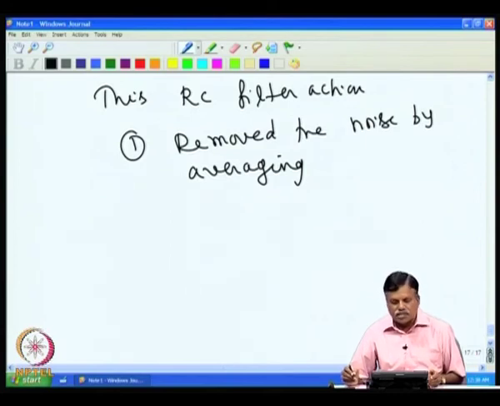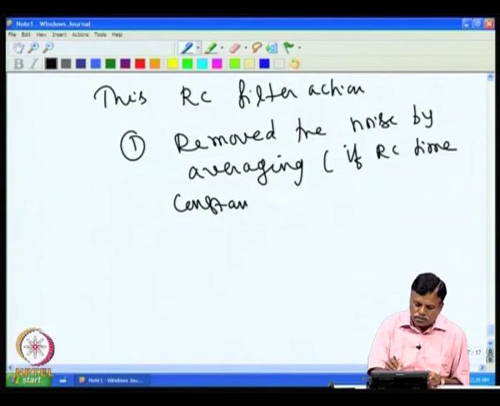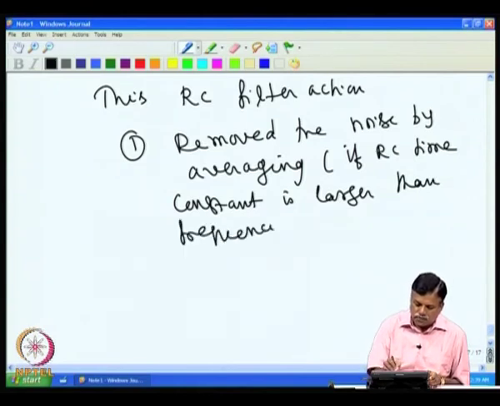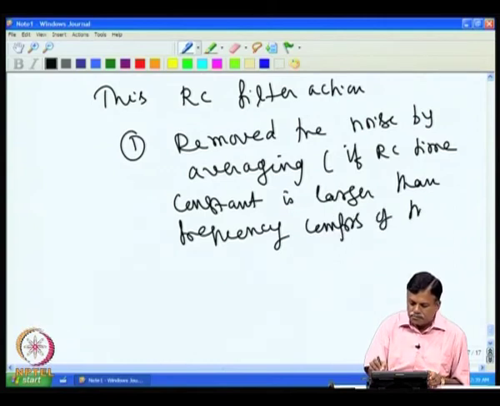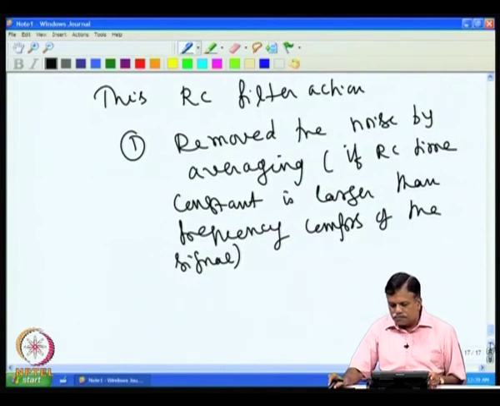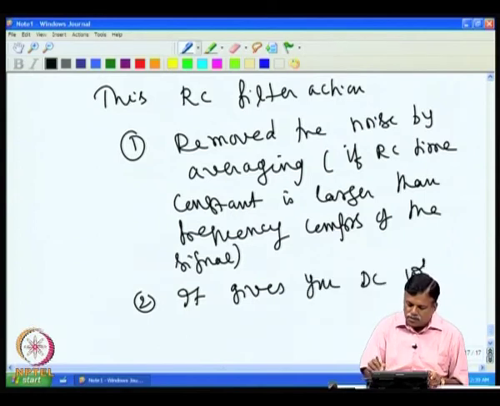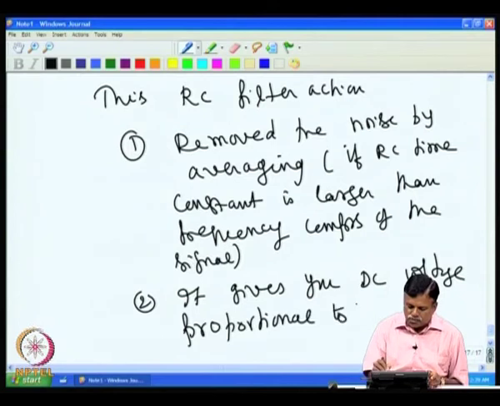So, we assume that our RC is very large, and the noise gets averaged out, and it gives you a DC voltage proportional to the signal alone.